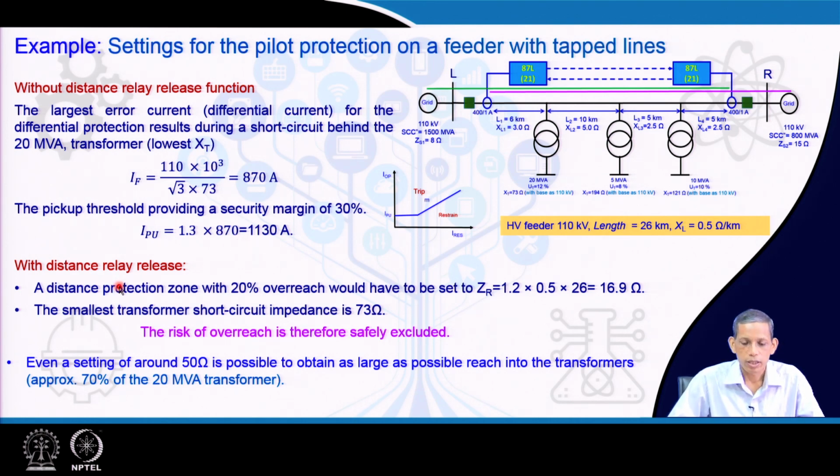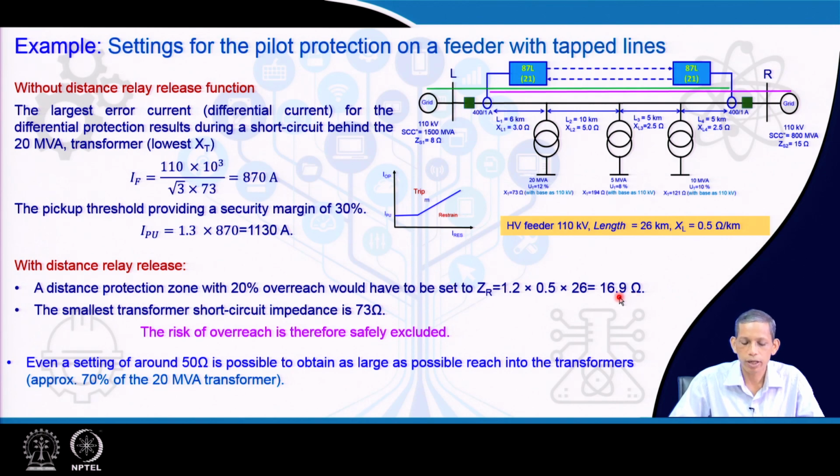Now, with the distance relay: the distance relay takes voltage information. So, if a voltage signal is available and we have a distance relay, with the zone set at 120%, a zone 2 kind of setting for the considered feeder, Z equals 1.2 times 0.5 times 26, that gives you 16.9 ohm.